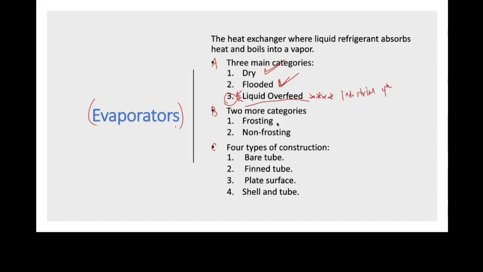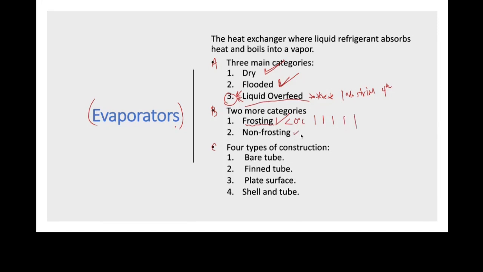Now, then other categories. We can say that it's a frosting evaporator. And so this one here is going to be operating at less than 0 degrees Celsius. And because of that, it's going to build up frost. And the frost will impede the flow of air. For example, if that's our refrigerated medium, it'll impede the flow of air. So, we have to have some sort of a defrosting mechanism, and we're going to have wide fins for the heat transfer surface.